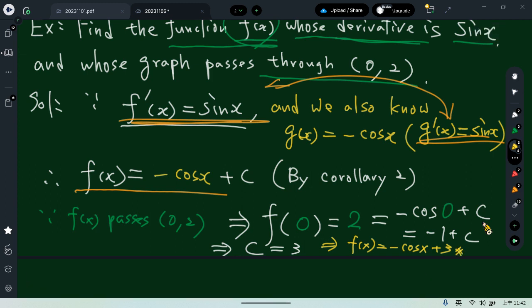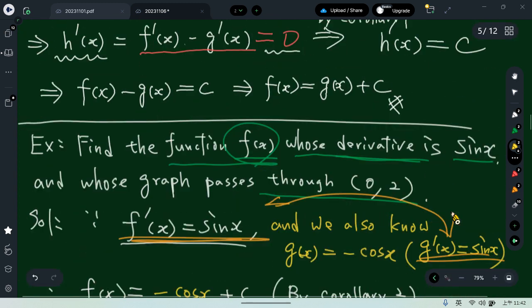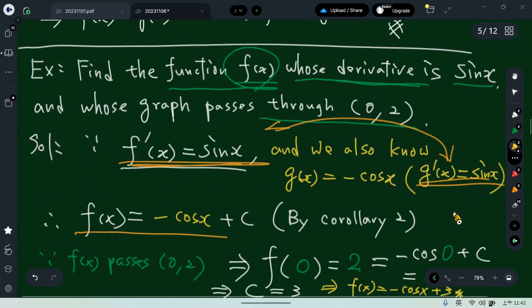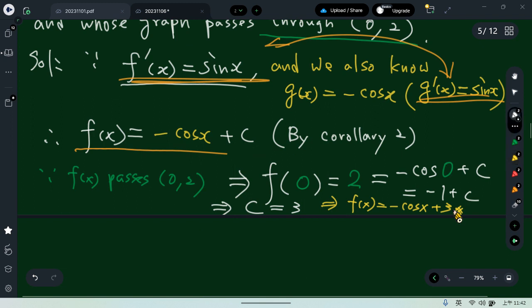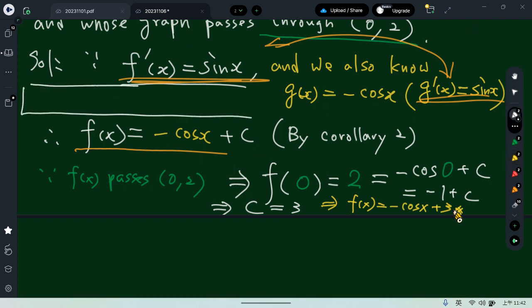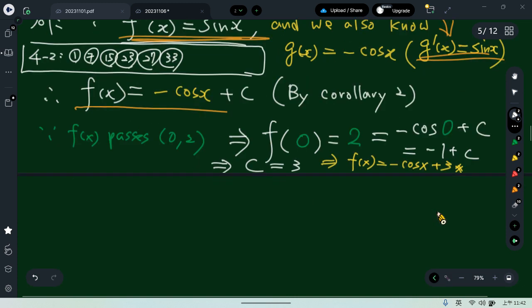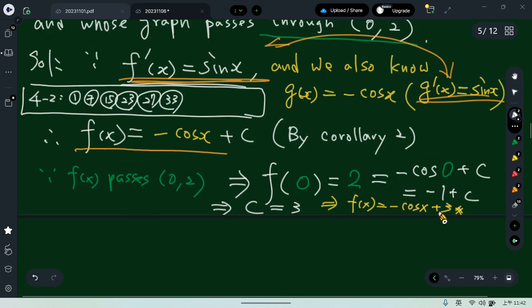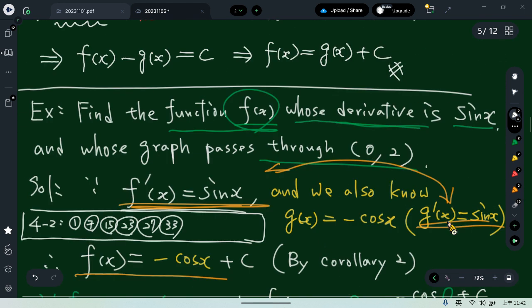Okay, so this is section 2. For section 2, we just focus on Rolle's theorem and also the mean value theorem.